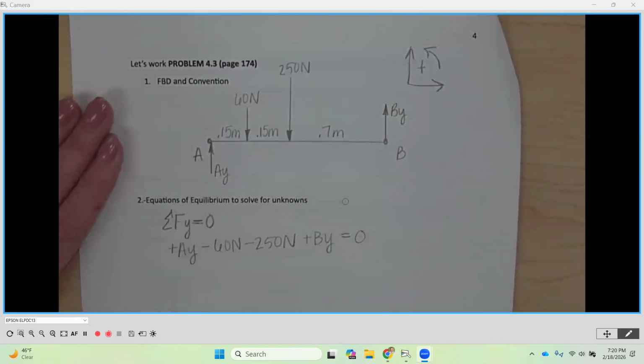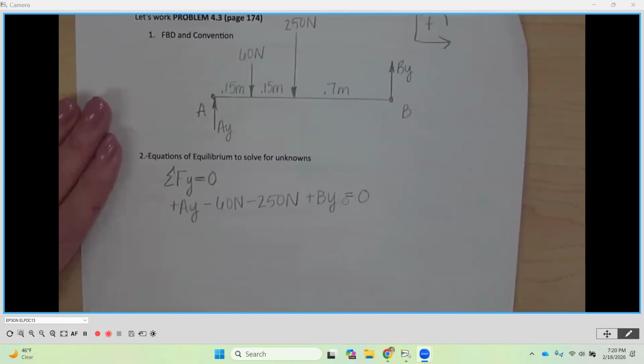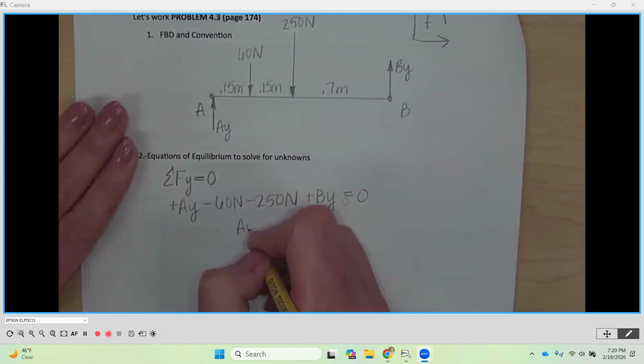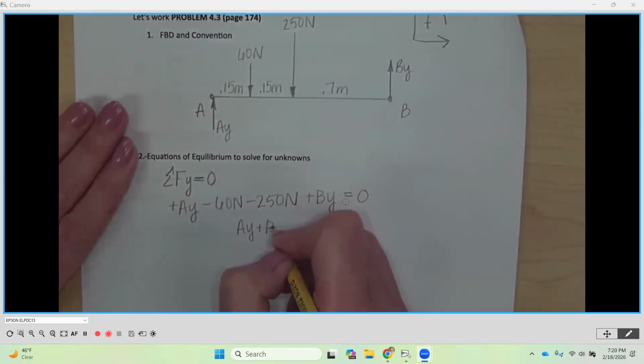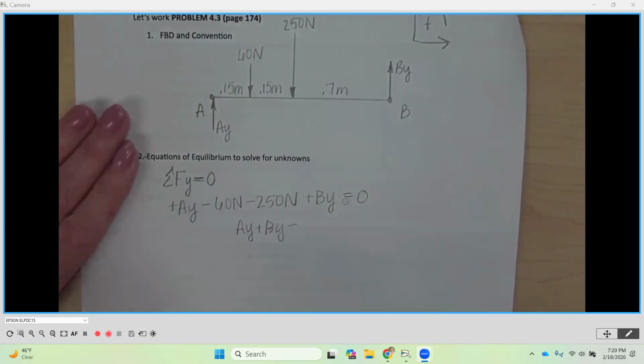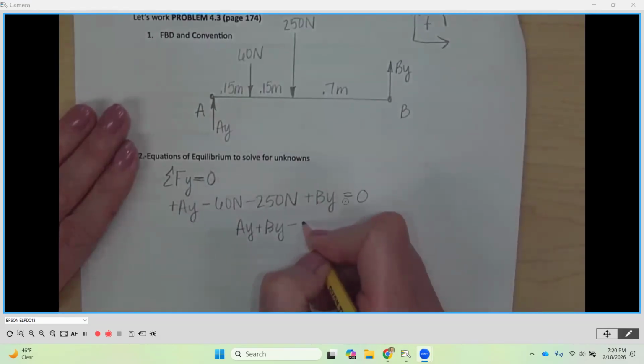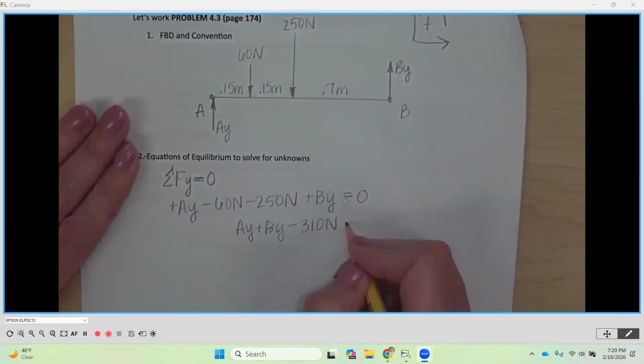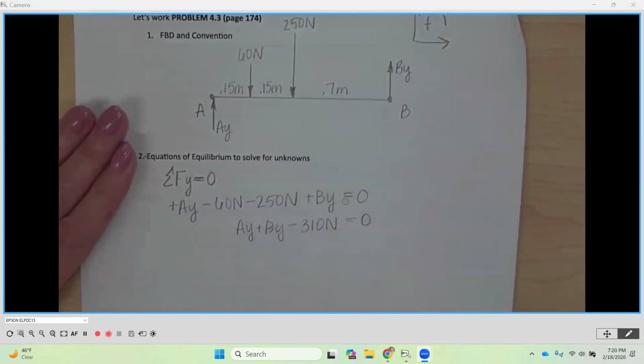Equation of equilibrium and equal sign, two sides. So now I'm going to combine what I can, and I can combine the 60 and the 250 newtons. And I'm going to have AY plus BY minus 310 newtons is equal to 0.